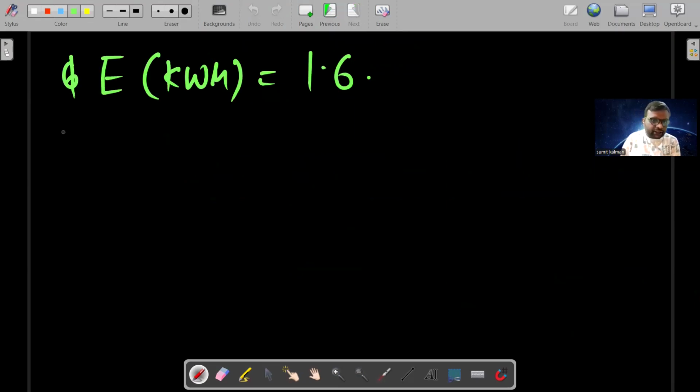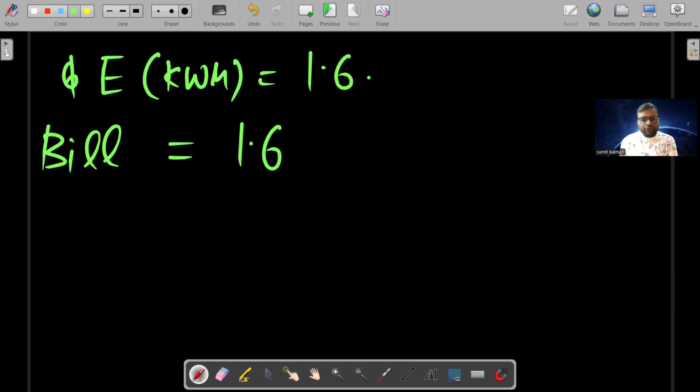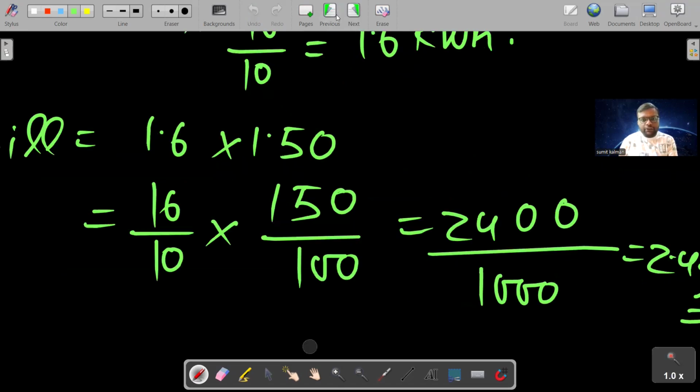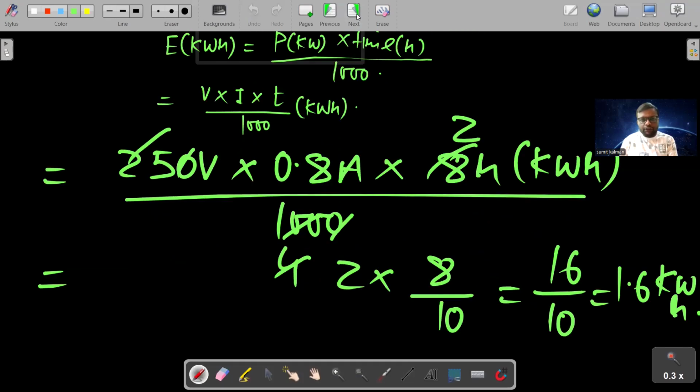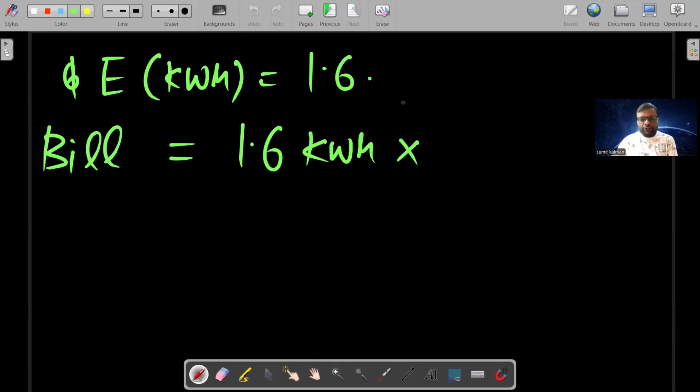Now friends, next is the bill. So how to calculate the bill? We will multiply electrical energy in kilowatt hour by the rate per unit. So here it is 1.6 kilowatt hour into the rate of unit, which is 1.50 rupees per kilowatt hour.